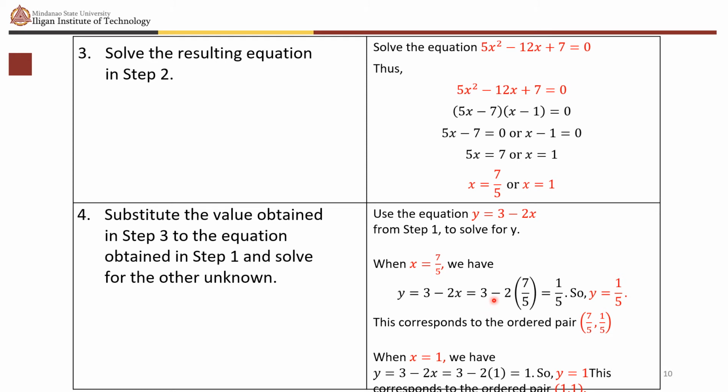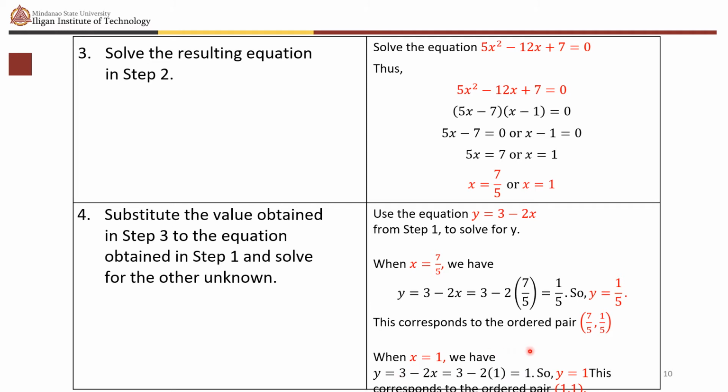That comes up to be equal to 3 minus 2 times 7 over 5. The LCD here is 5, so 5 times 3 is 15, minus 14 over 5, so we have 1 over 5. So meaning to say, we have now the ordered pair x equal to 7 over 5, and y equal to 1 over 5.